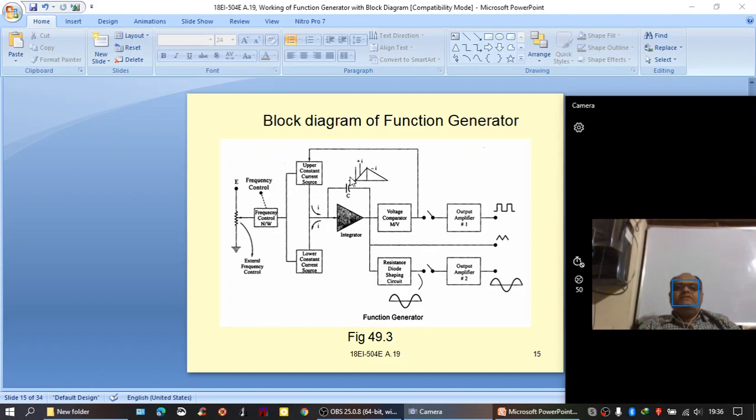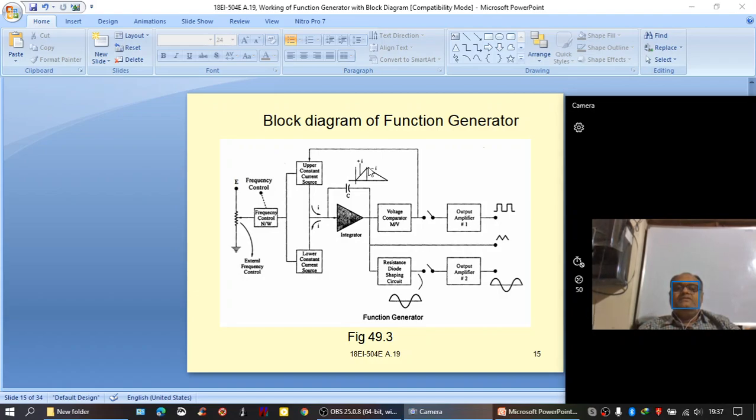The capacitor starts charging, and the positive slope ramp of the triangular wave is generated.